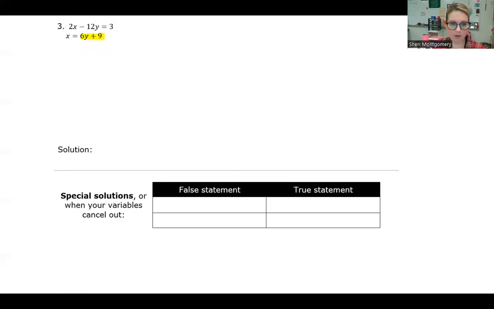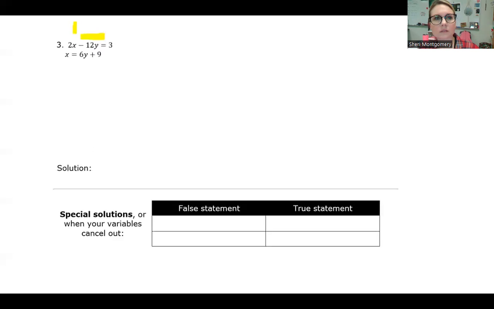So I'm going to look at my other one, and that's where I will plug it in. So I will rewrite that equation. And I will plug in the stuff for x.